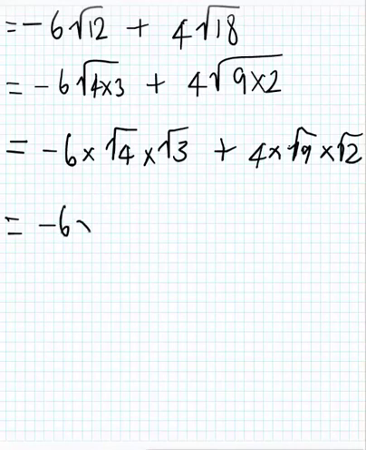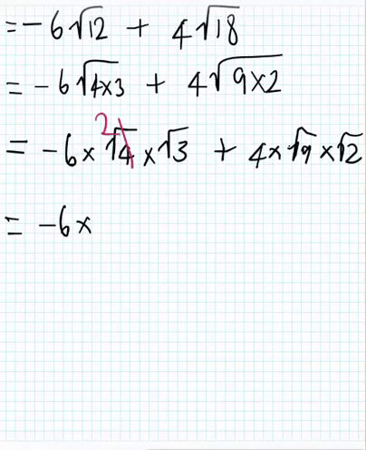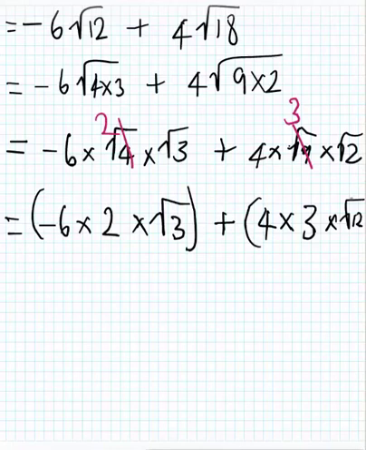Alright, and now we end up with the square root of 4. It's a minus 6. Square root of 4, I know, becomes a 2. And the square root of 9 will become a 3 because 3 times 3 is 9. So we've got minus 6 times 2 times the square root of 3 plus, in between them, 4 times the 3 times the square root of 2. Okay, so if you wanted to, you could put brackets just to say that we're working on both sides and there's a plus in between them.